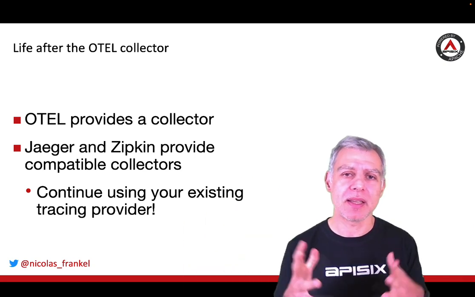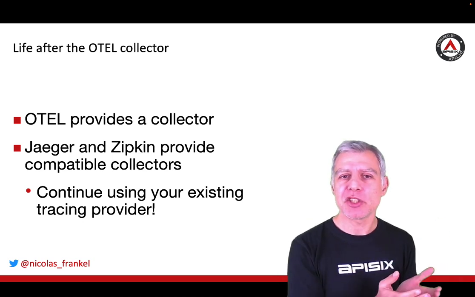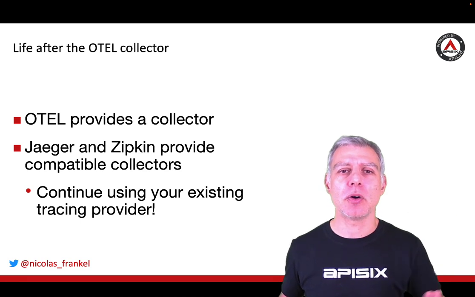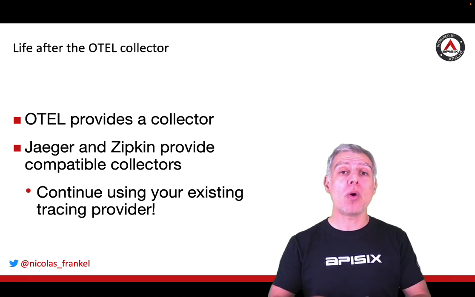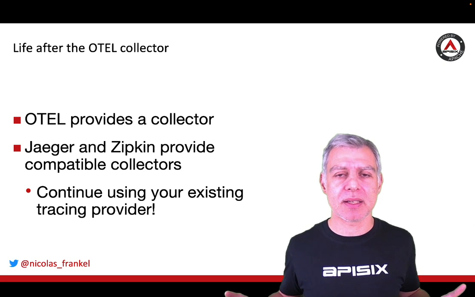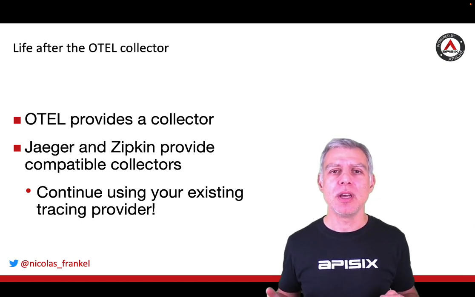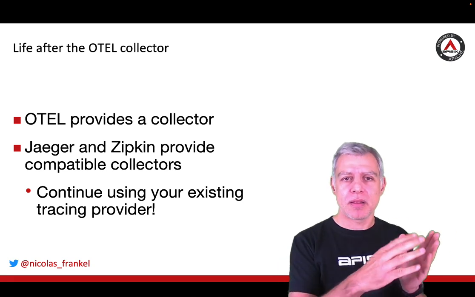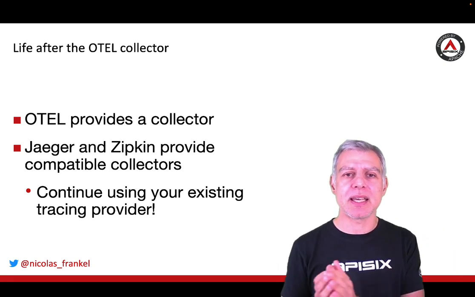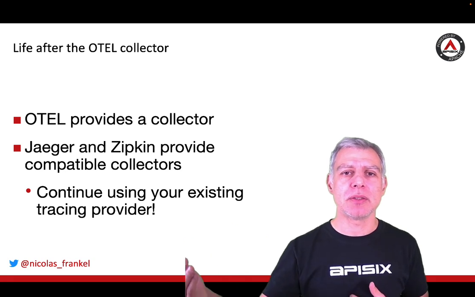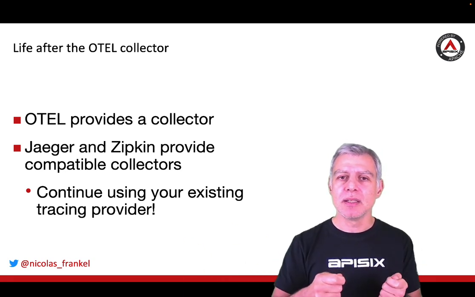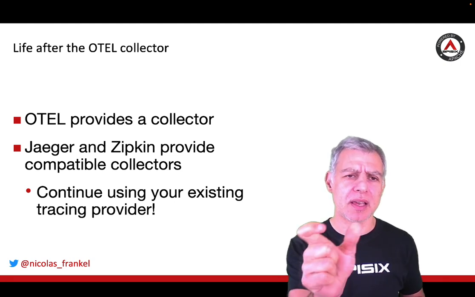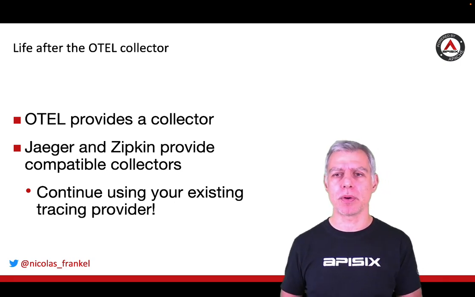Basically, they kept the storage engine and added a new interface where you can send your data in OpenTelemetry format. If you already have your tracing architecture, you can easily move to OpenTelemetry because the collectors of Zipkin and Jaeger have this additional interface. You just need to change the formats and the ports, because I think every one of them has different ports.